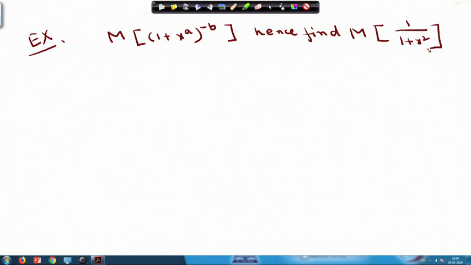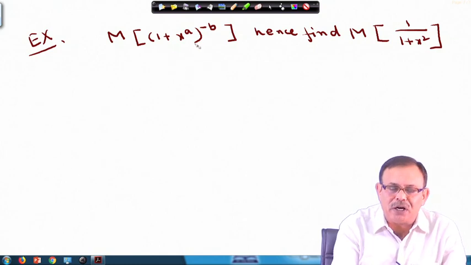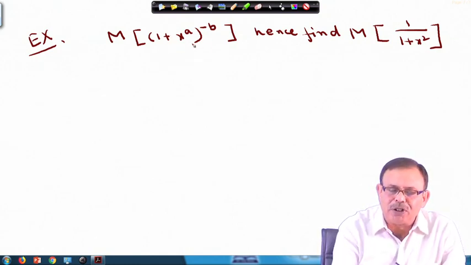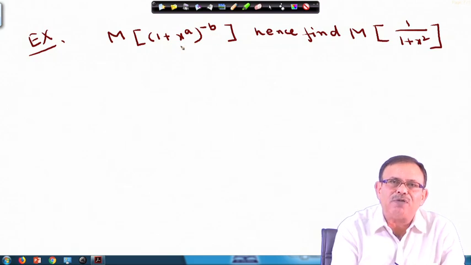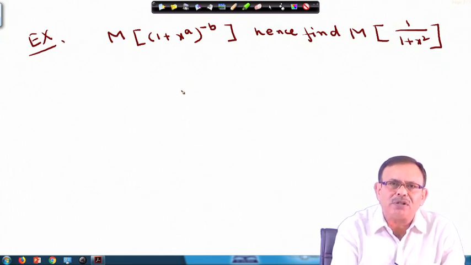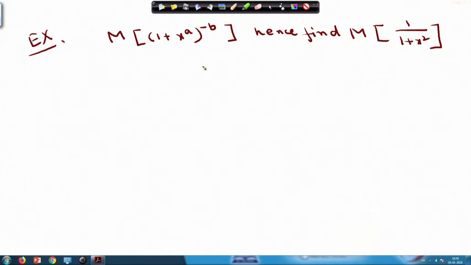In other words, I am finding a generalized Mellin transform of a function, and then by substituting different values of a and b, I can find the Mellin transform of some other related functions also. So, the Mellin transform of 1 plus x to the power a to the power minus b.